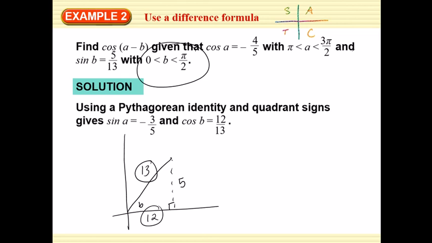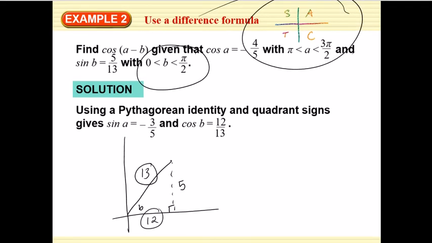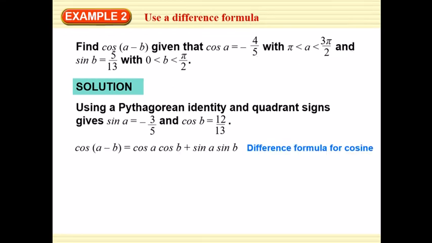I need the sine and cosine of A and B in order to use these formulas. That's why we're having to use this whole triangle idea, as well as our quadrant signs. So just confirming here, this is the first quadrant, the all quadrant, so all of the trig functions are going to be positive. So that's true there.